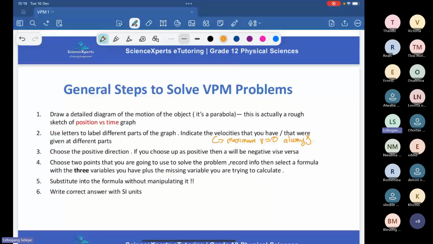Whenever an object changes direction, it has to stop first. Remember, we are not at spin city here, right? You need to stop, then turn, right? So every object where there's a change in direction, you need to stop first. That is why at the maximum height, where the object changes direction, the velocity is zero.